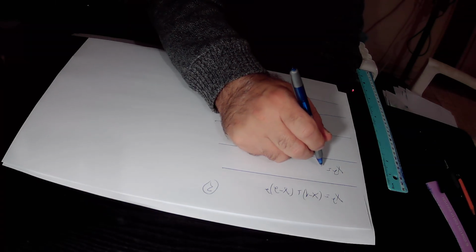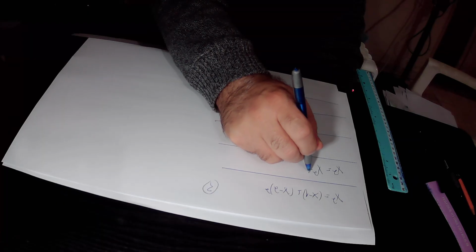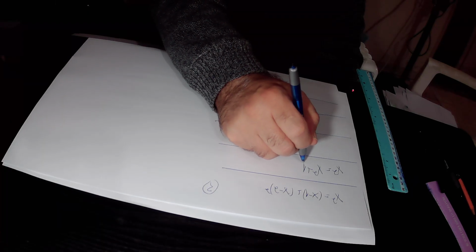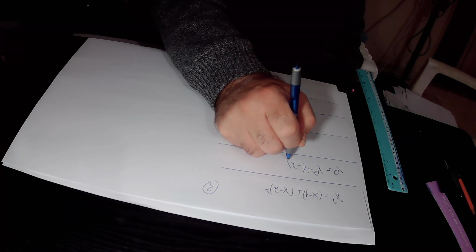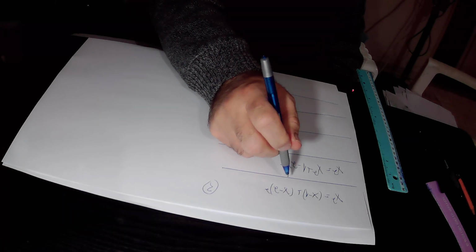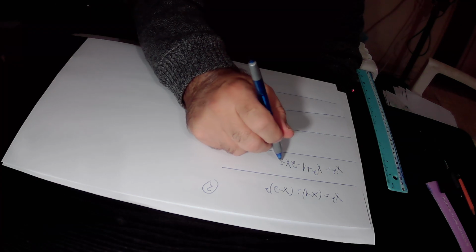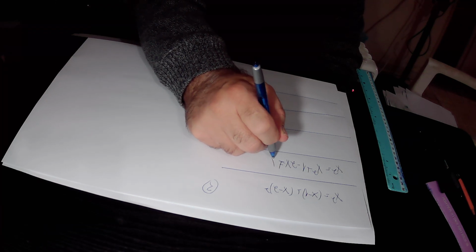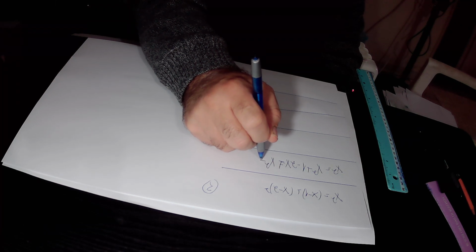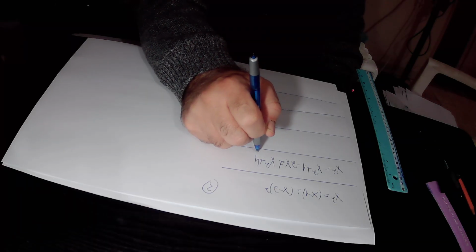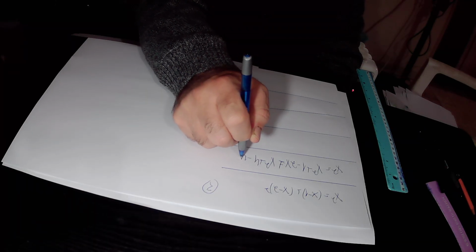X minus 1 square equals x square plus 1 square, that is 1, plus 2 times x times 1, that is minus 2x, and this equals x minus 2 square. X minus 2 square equals x square plus 2 square, that is 4, minus 2 times x times 2, that is minus 4x.